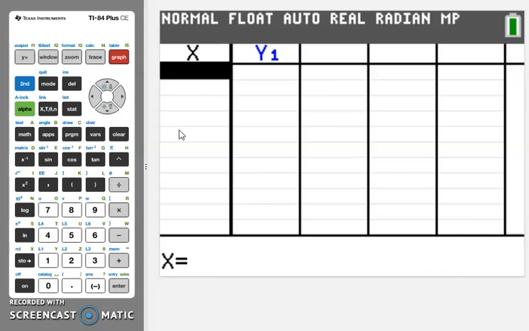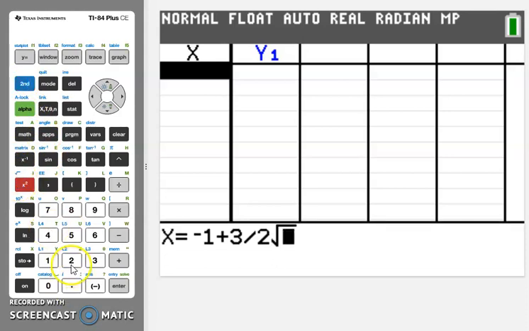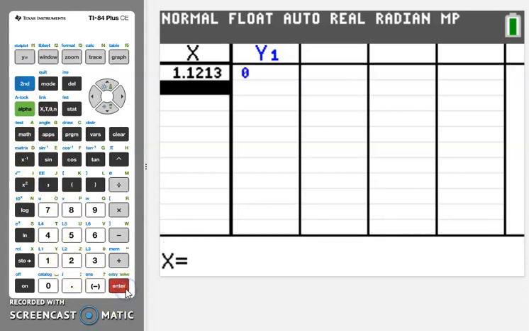Now we're going to type in our answer choices. The first answer choice was negative 1 plus 3 divided by 2 times square root of 2. So we're going to do second, square root, 2, and then enter. You'll see that the output was 0, so that makes that a 0 for the function.